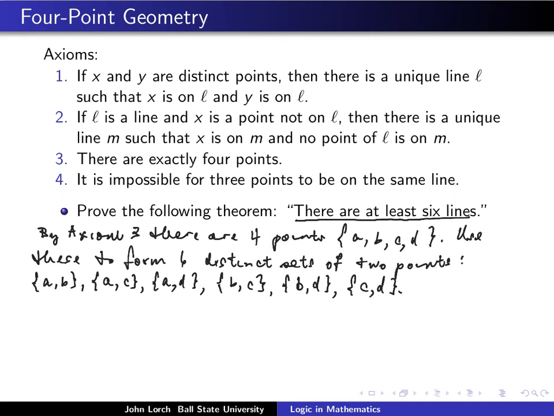Now, given any 2 distinct points, there's a unique line such that each of those points is on that line. So use axiom 1 to produce 6 corresponding lines.